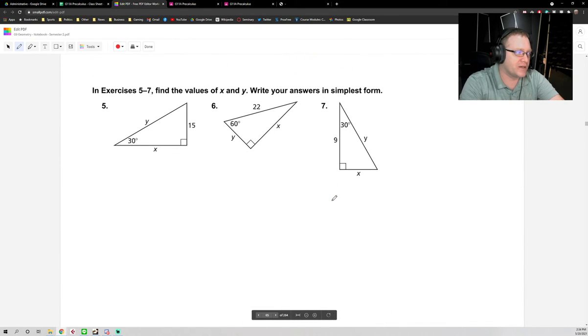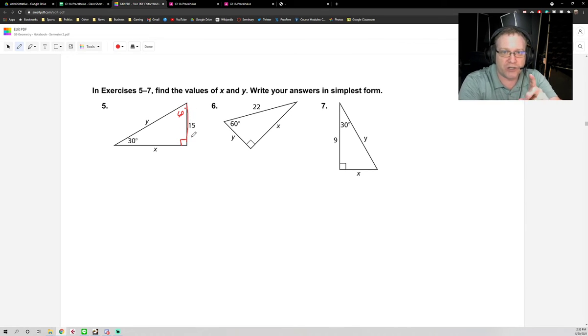Let's go back down here, okay? So here we have a right triangle, 90, 30, and that means this one has to be 60, all right? Because 60 plus 30 plus 90 equals 180, all right? So this has to be 60. All right, so we have our special triangle, 30, 60, 90. Good. And they told us the short leg over here is 15.